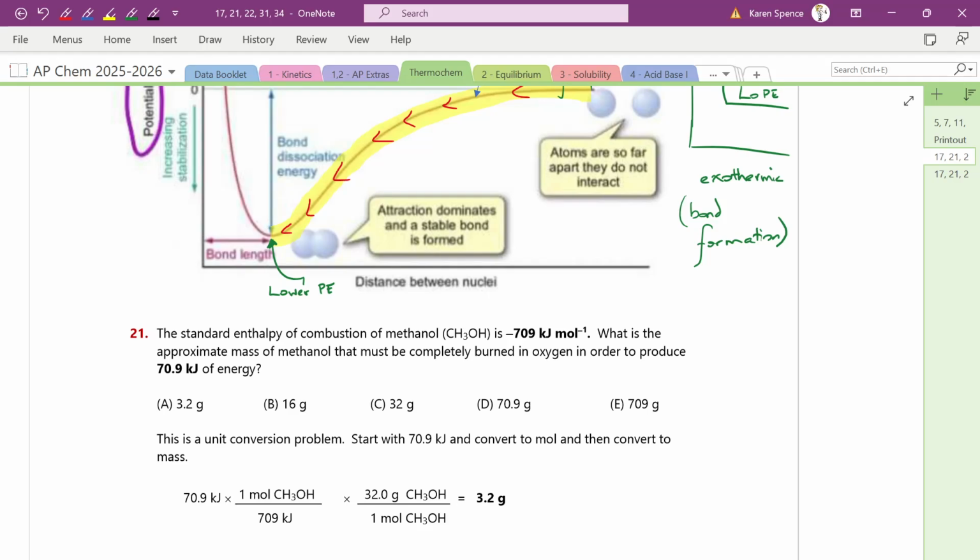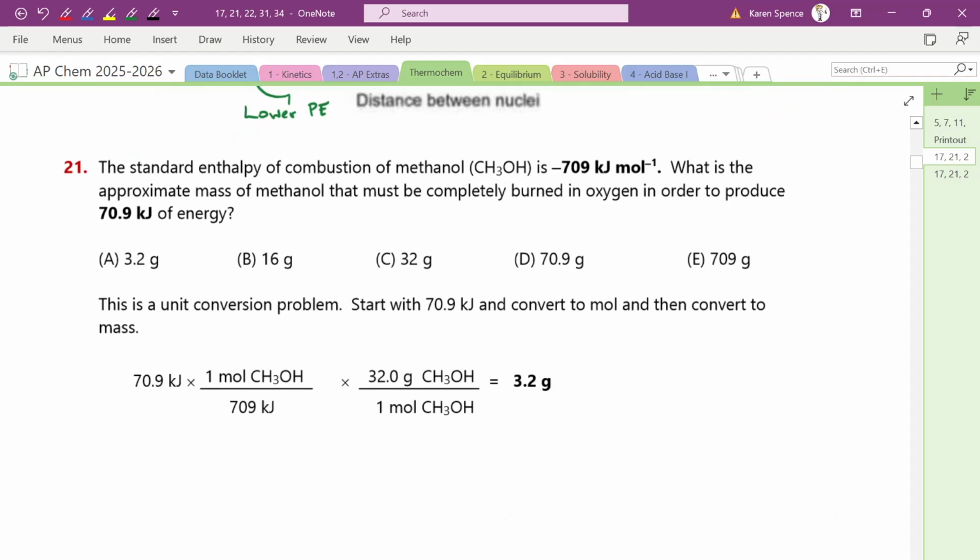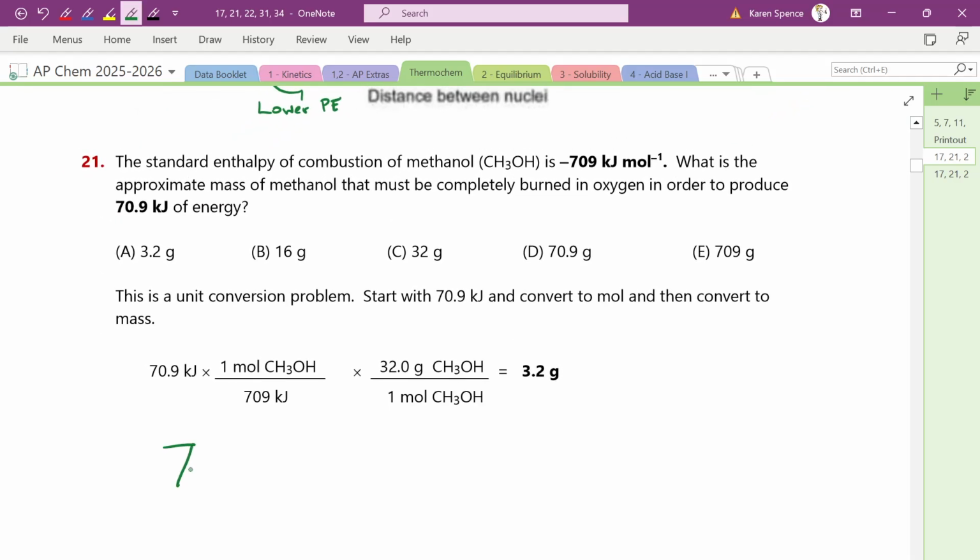The standard enthalpy of combustion of CH3OH, methanol, is negative 709 kilojoules per mole. What is the approximate mass of methanol that must be burned in oxygen to produce 70.9 kilojoules of energy? So we are starting with 70.9 kilojoules of energy, and we want to find the grams. And we are told that we have 709 kilojoules per mole.